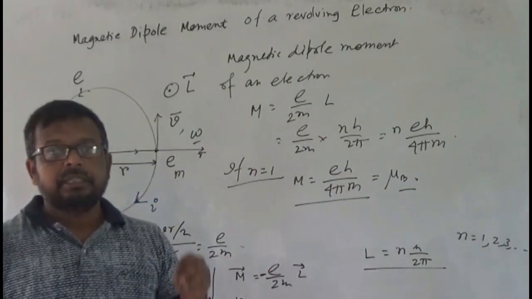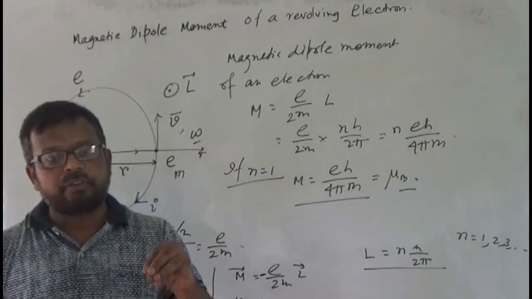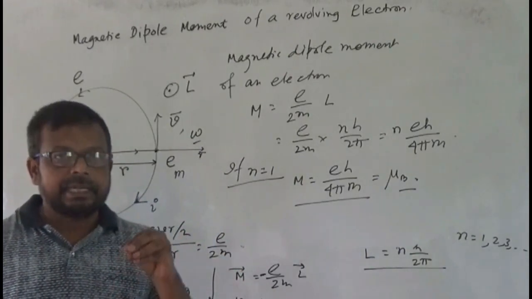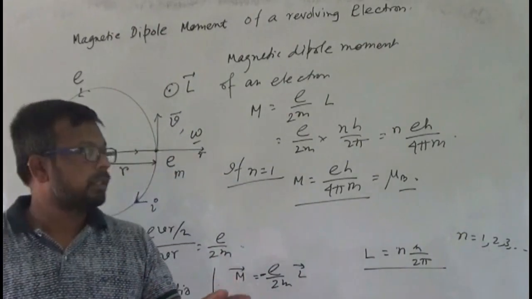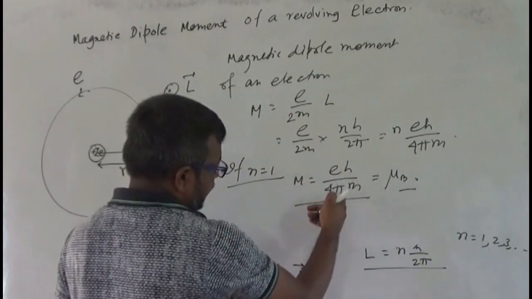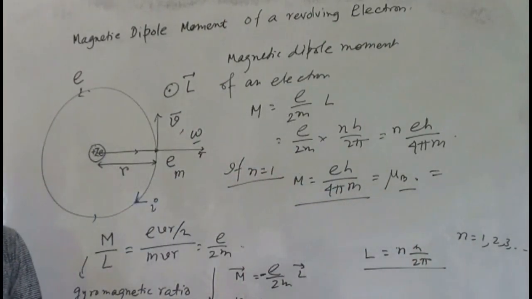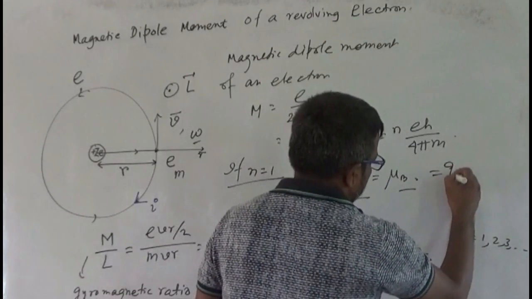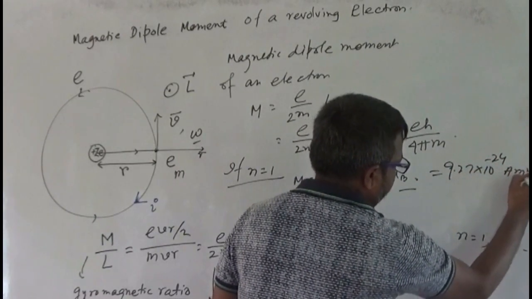And we can put h, e, n, and what will you get? Mu B, you get 9.27 into 10 to the power minus 24 ampere meter square.